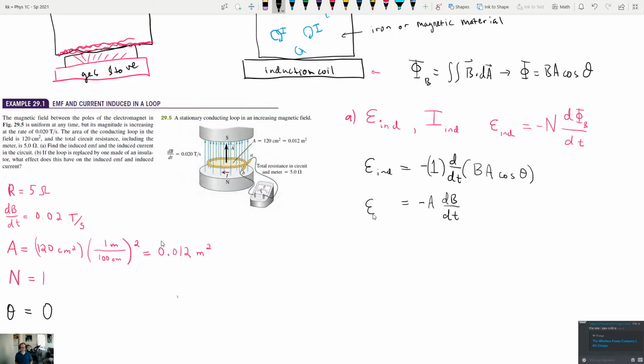And that's it. We're done, basically. We just plug in numbers. So the induced EMF is going to be equal to area, which was 0.012 meters squared, and dB/dt, the rate at which the magnetic field was changing, is 0.02 teslas per second.